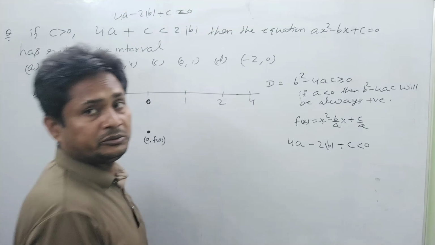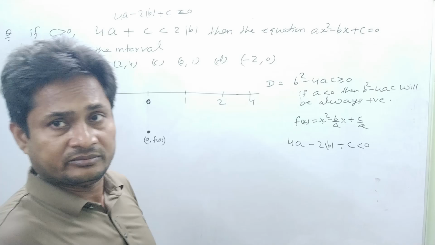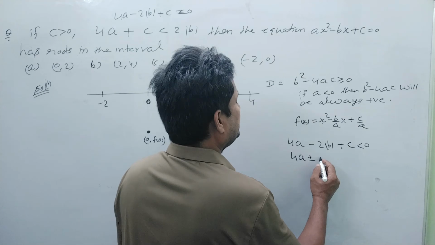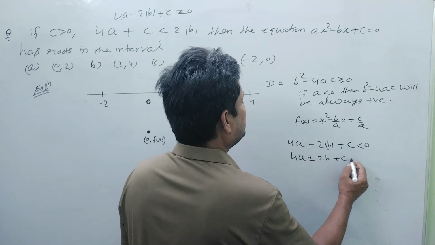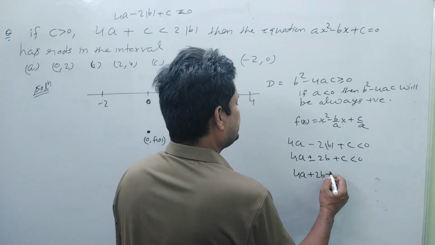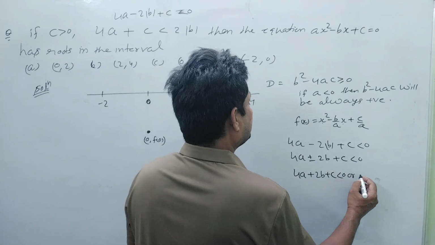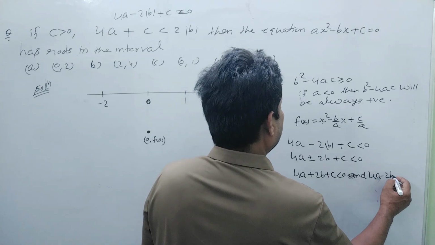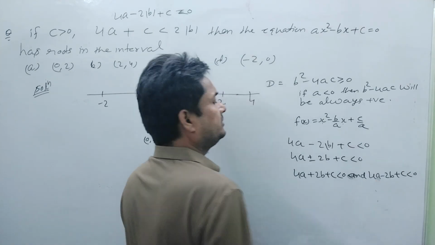If we remove mod, then it will come plus minus. That means it is 4a plus minus 2 times b plus c less than 0. This means 4a plus 2b plus c less than 0 and 4a minus 2b plus c less than 0.